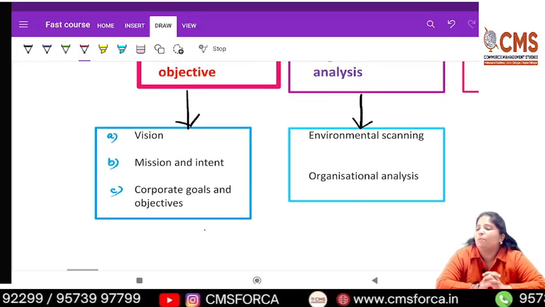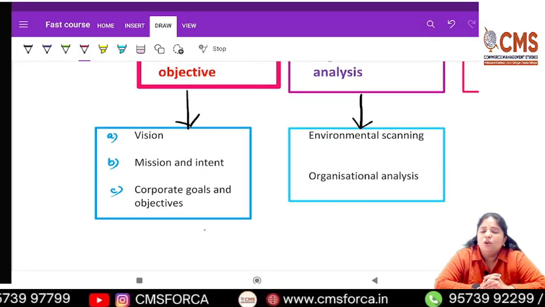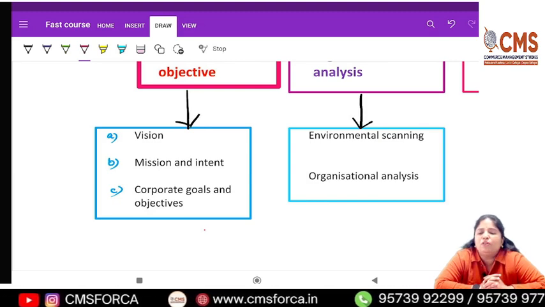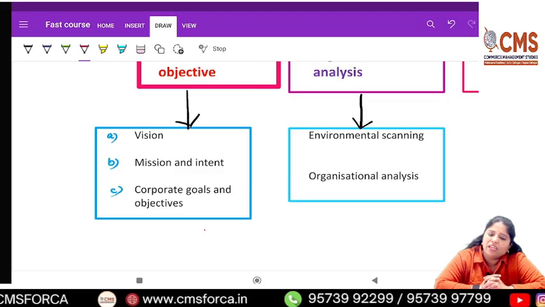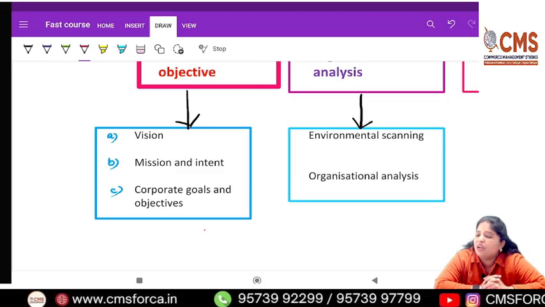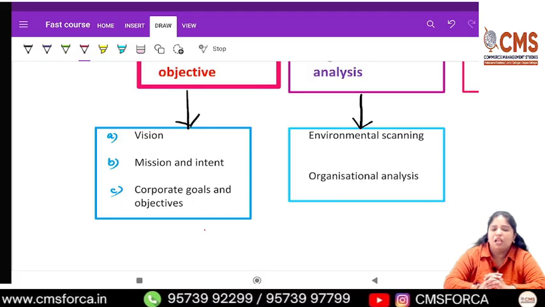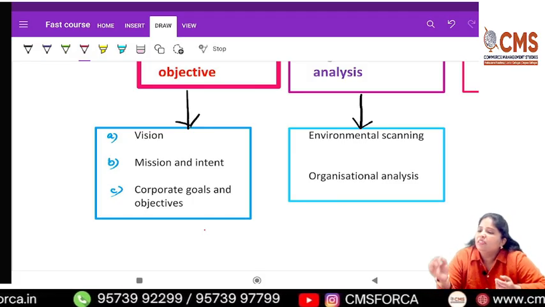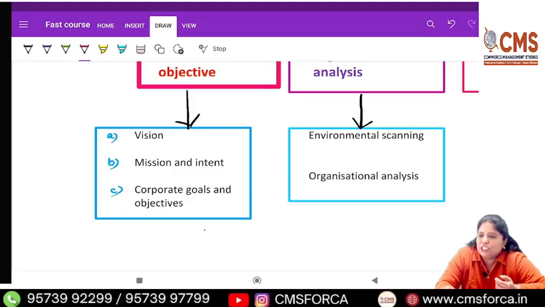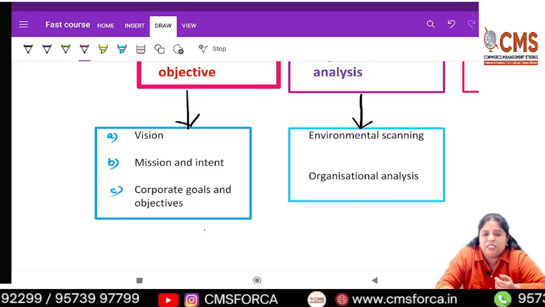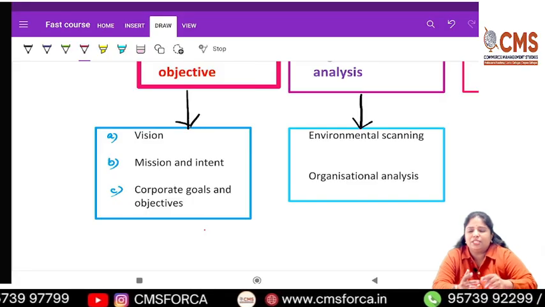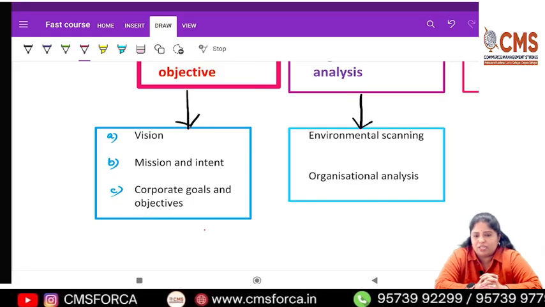Now let's talk about mission and intent. What is intent? Intent always speaks of what the organization wants to achieve and why they want to achieve it. Mission focuses on the current business aspects, the current scope of business. What are their current resources? What is their current technology?